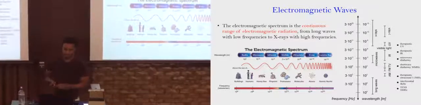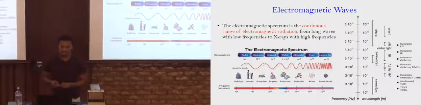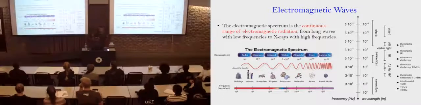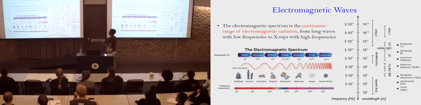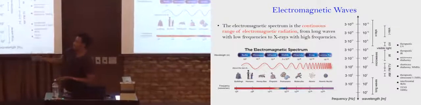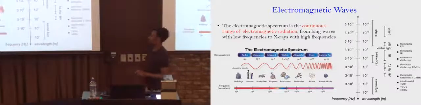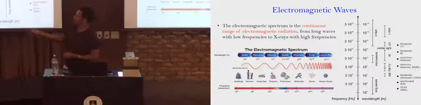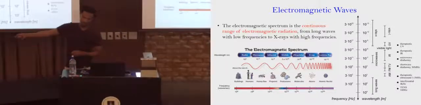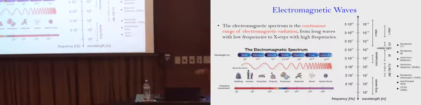It is a continuous range of electromagnetic radiation, from long waves with a low frequency, that means a large amplitude and lower frequency, to small amplitude and high frequency waves. You can start from radio frequency, which is the lowest frequency in the electromagnetic spectrum.